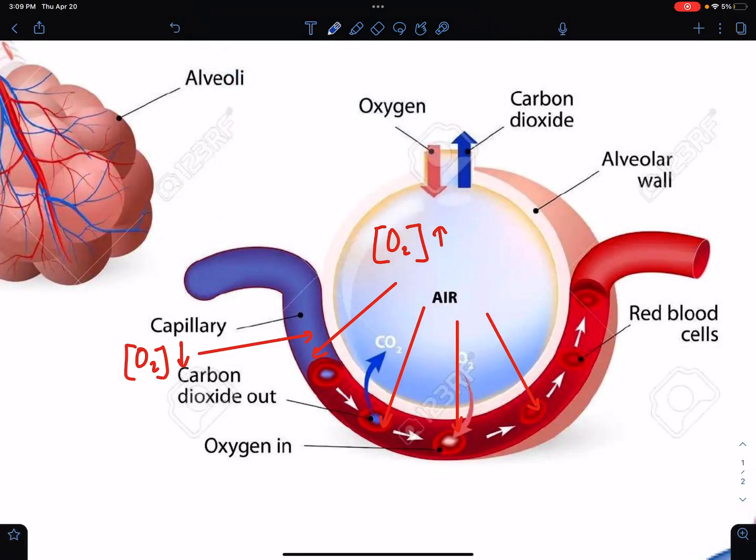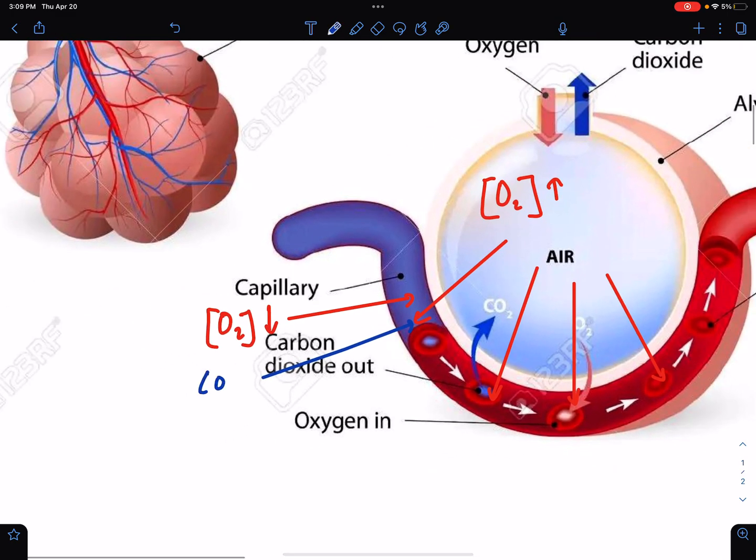The opposite is true of carbon dioxide. In this situation, when blood is entering the capillary network, it's just come from the heart, and before that it was in the body, where it picked up a bunch of CO2.